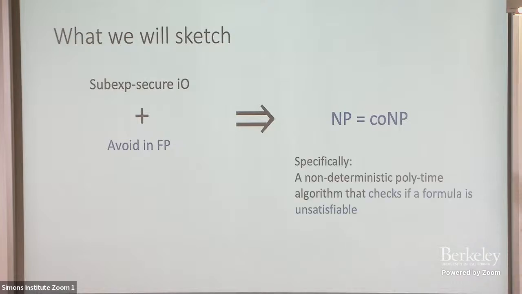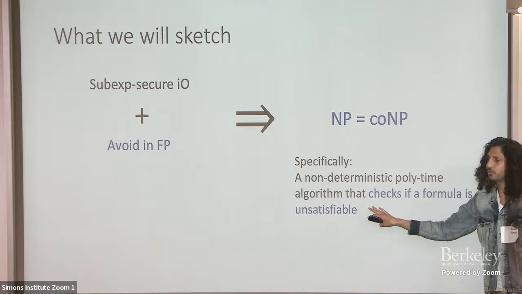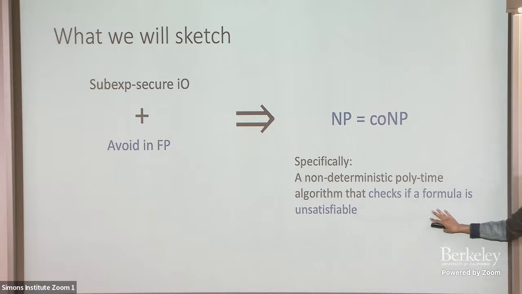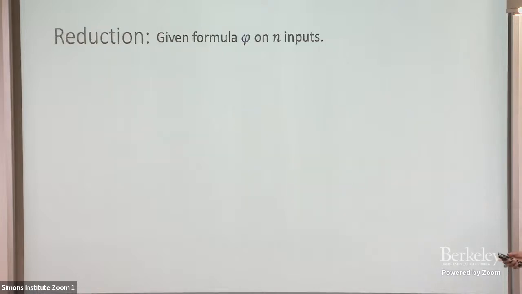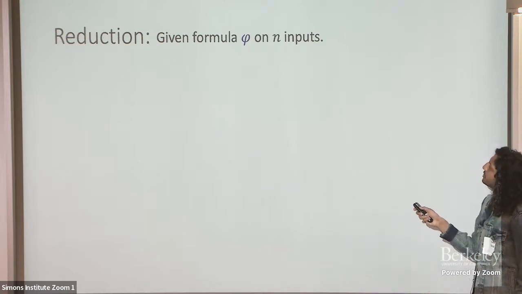Right. And just to unpack what this means, because we want to give a non-deterministic polynomial time algorithm that checks if a formula is unsatisfiable. Okay, and so how much time do I have? I have 5 minutes, I guess? 5 minutes. Yes, okay. So what does the reduction look like? We're given some formula phi on n inputs.